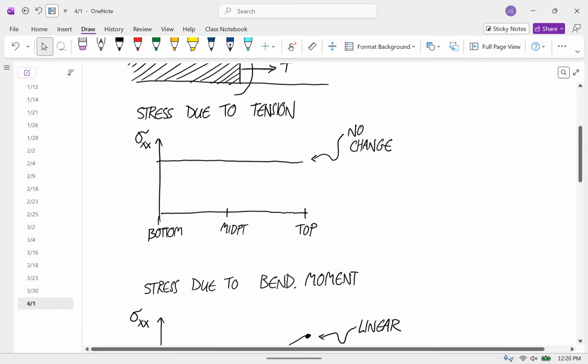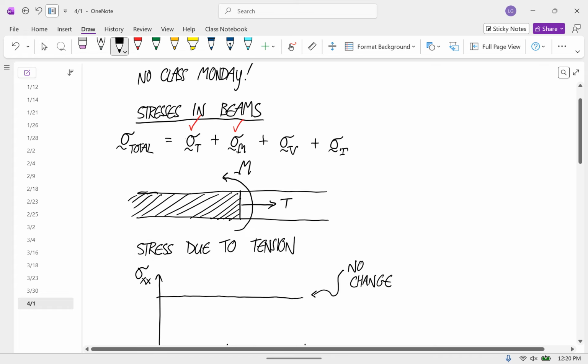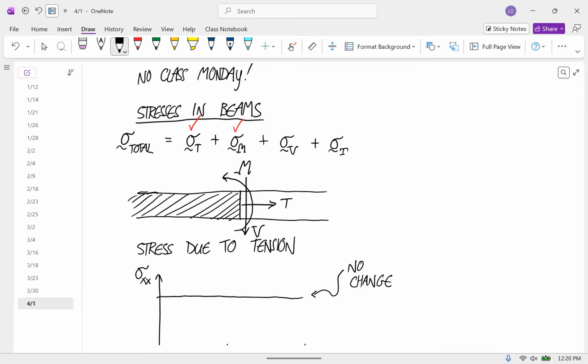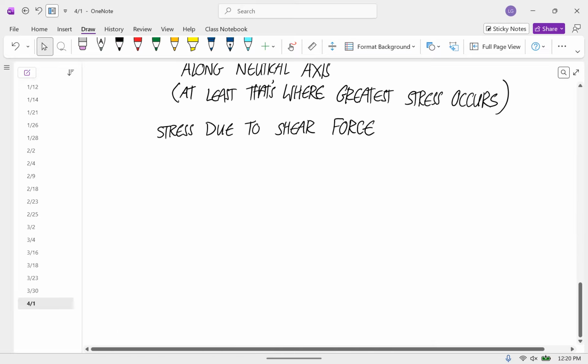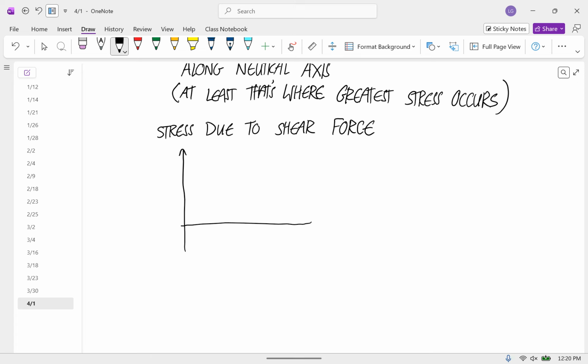And I'm going to go back to this diagram, and I'm going to assume we have a positive shear force V. So what can we say about the XY shear stress as we go from the top to the bottom of the cross section? You haven't seen the formula, so you don't have any prayer of guessing this, but I'm going to show you this first, and then I'll give you the formula.